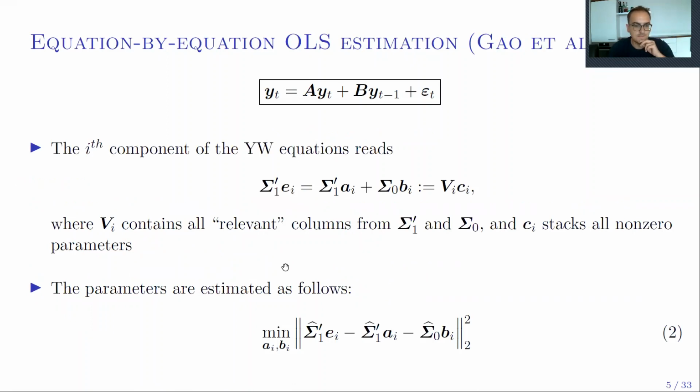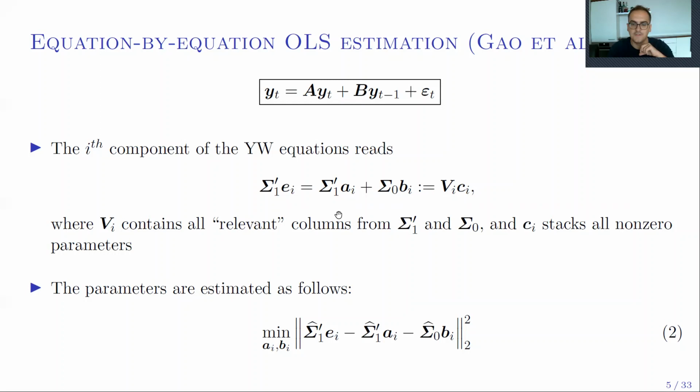To be precise, if we look at the ith component of the Yule-Walker equations, if A and B are banded, there are many zeros in here that we can remove. So let Ci denote the stacked Ai and Bi with the zeros removed. And correspondingly, we can remove then the irrelevant columns from sigma 1, sigma 0 and group those in Vi.